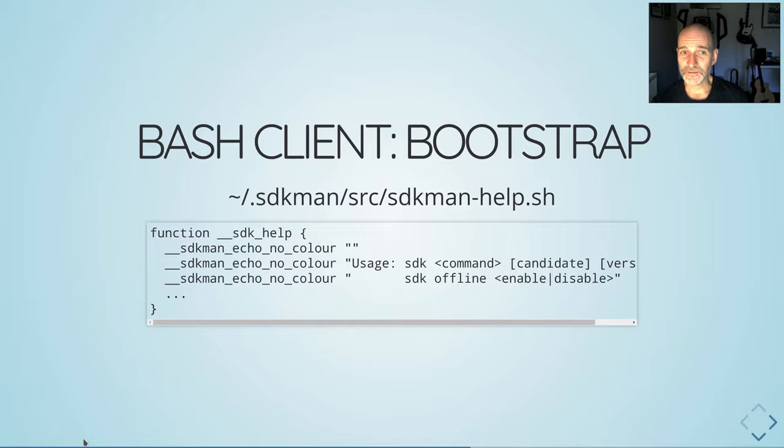So for instance, the sdkman-help.sh file, which lives in the source folder, contains something that looks like this. It's a function with __sdk_help. Right? Now all these top-level files will contain a function like that, an entry point function.